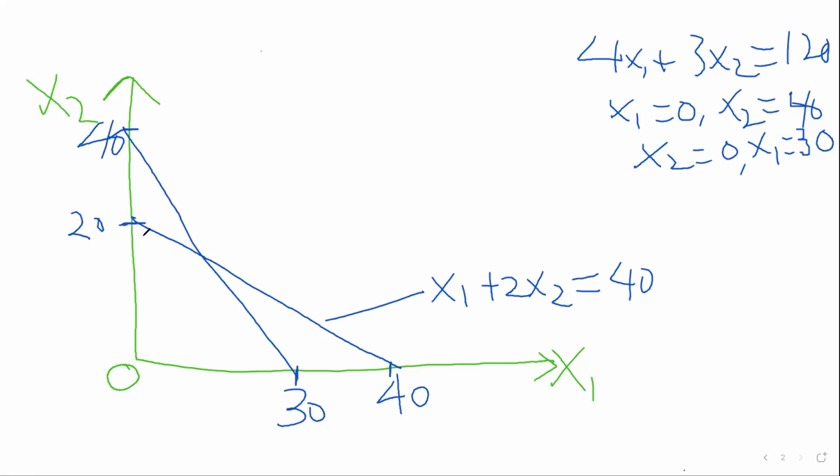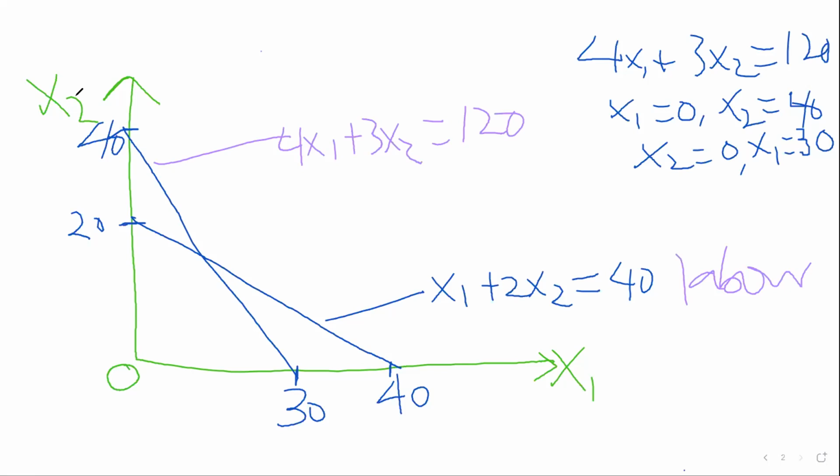Okay, so let me just give you the labor constraint area. The labor constraint line is 2x1. That is labor. So this line here is labor. Now this line that we did was the 4x1 plus 3x2 equal to 120. So that was this line, the 40 at the top, the 30 at the bottom.